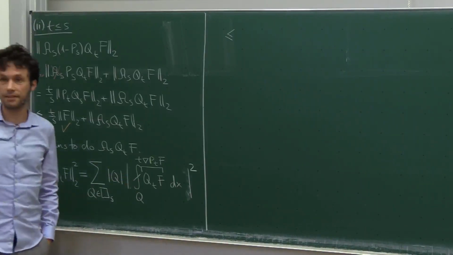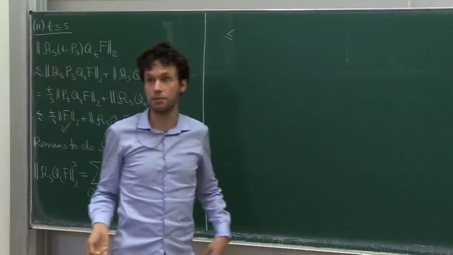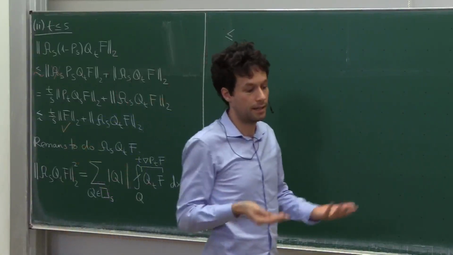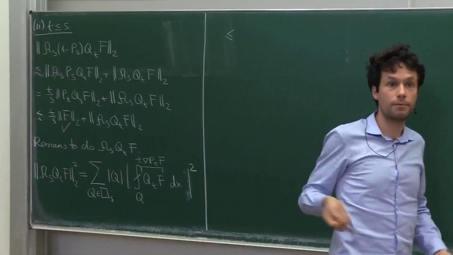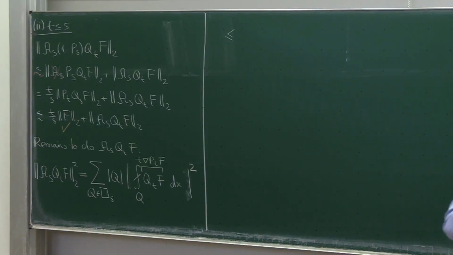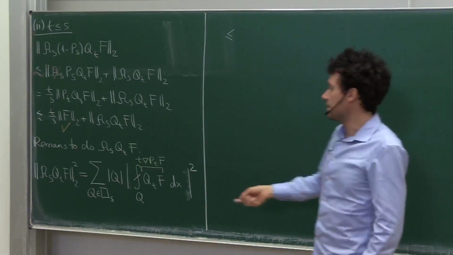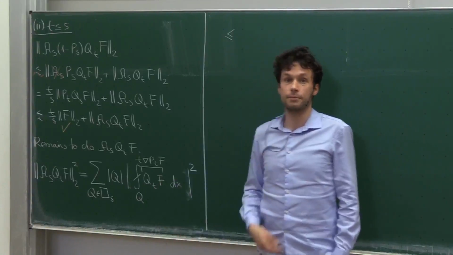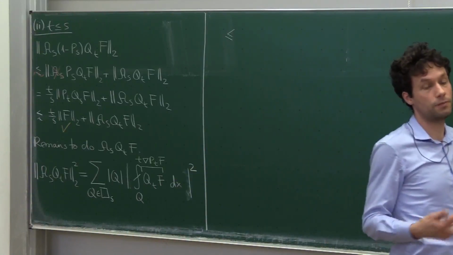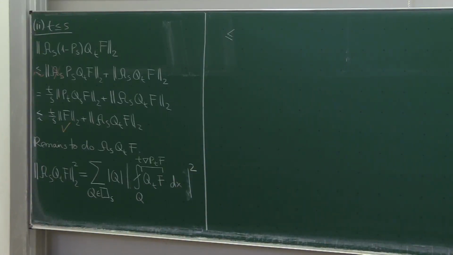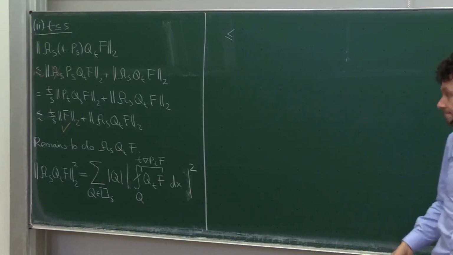Remember that the Q_t and the Q_t star were giving rise to a reproducing formula, and we said that these reproducing formulas work because in some sense there is some cancellation. And the cancellation now is hidden by the fact that we integrate a gradient over a cube, and when I integrate a gradient over a cube, I get some cancellation intuitively, because if the support would be inside of the cube, then I would get 0.